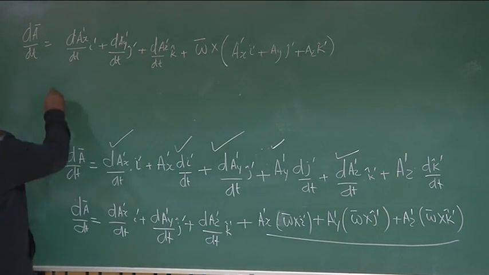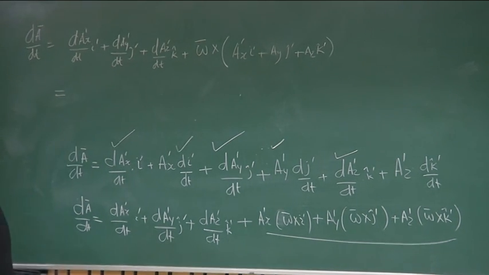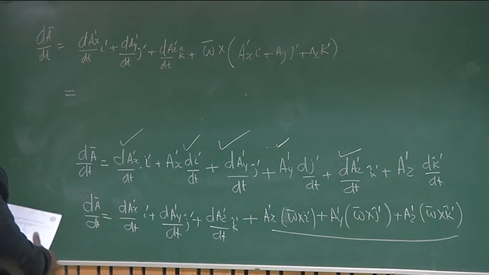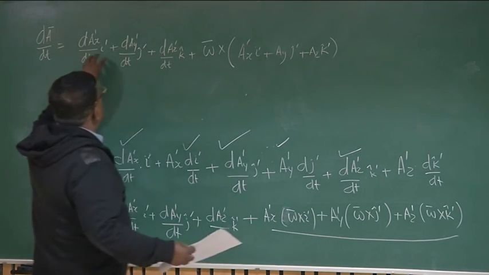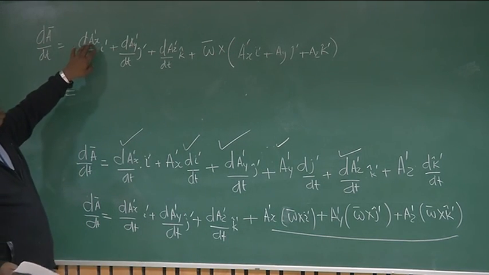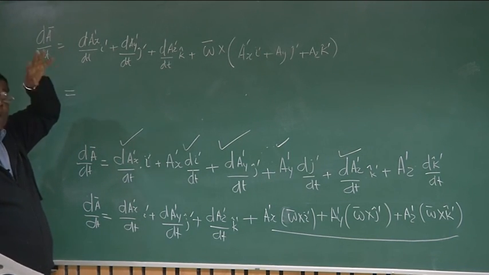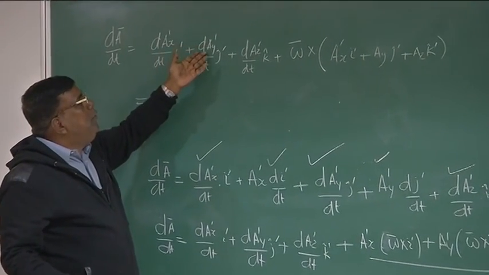So this tells me what? What is dAx prime by dt, dAy prime by dt, dAz prime by dt? That is the beauty. It says, don't worry about rotation. Rotation will be taken care of by this term. What is the component of the vector in the local x direction, the body x direction? Find that derivative. Similarly for body y, find that derivative.